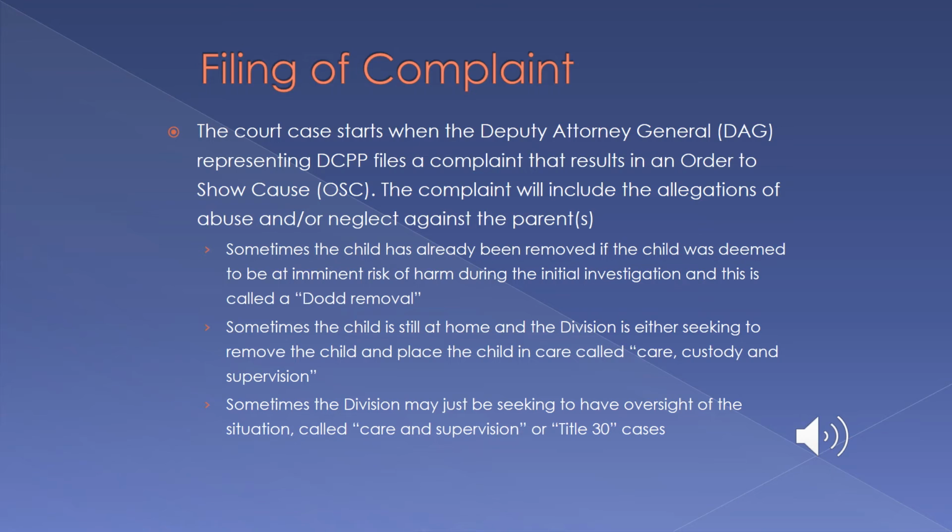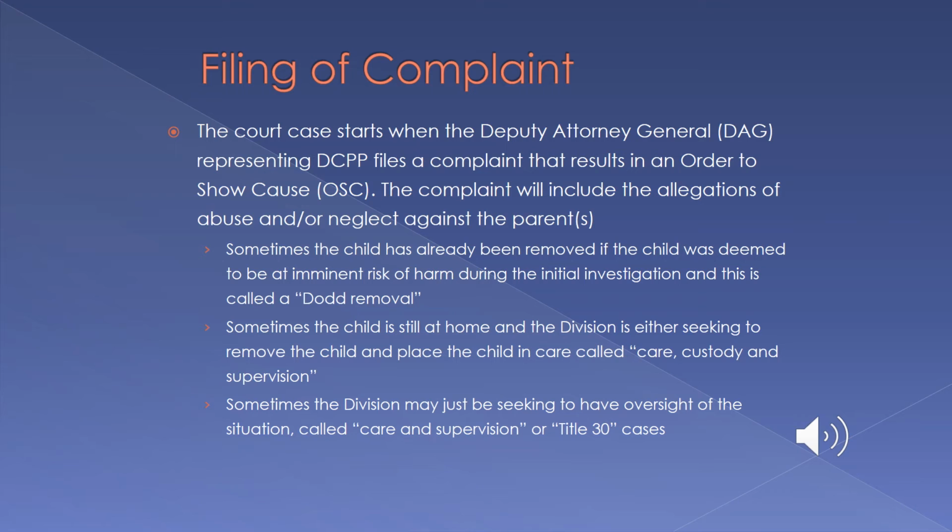The court case starts when the DAG, which represents the division, first files paperwork called the complaint or order to show cause, which includes the allegations of abuse and neglect against the parents. And just note, for the ease of language for the rest of this presentation, I will be assuming the case is against a mom and a dad. If there is a DOD removal, the division at this point will be seeking the permission to continue the removal of the child.